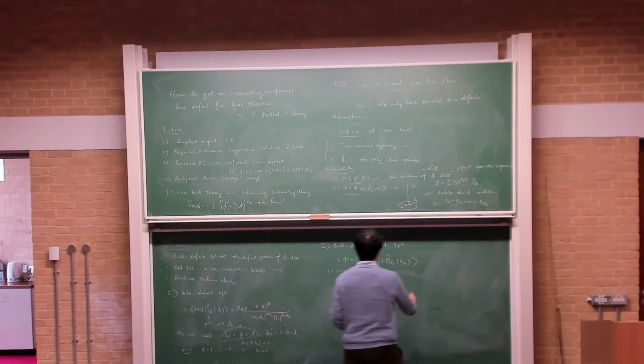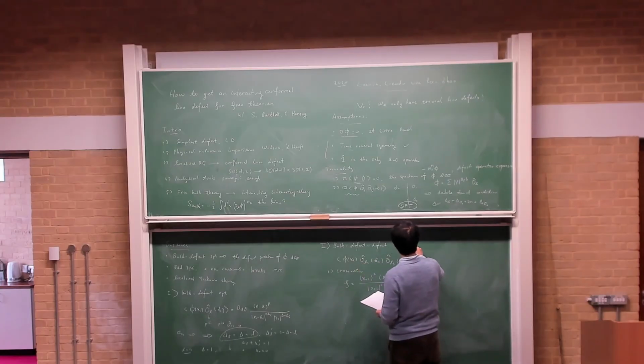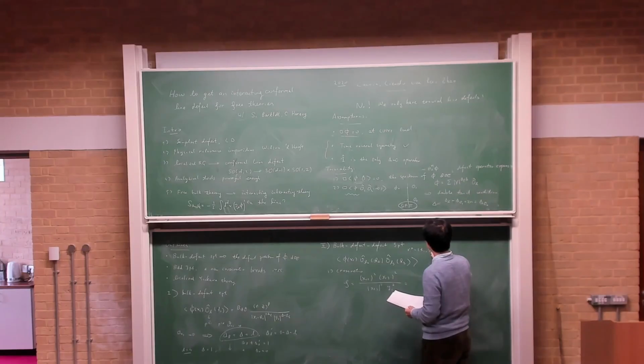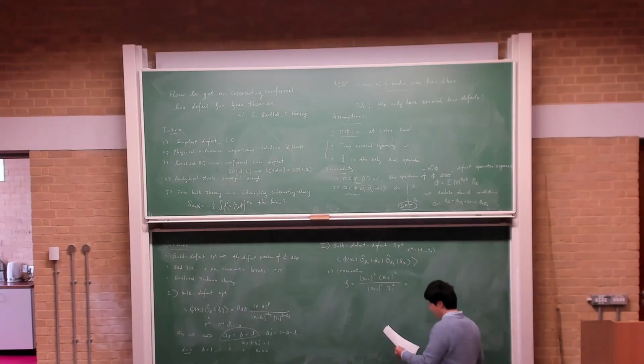More explicitly, if we put x1 to be (t1, y1), where y is the transverse coordinate and t is the coordinate along the line, we are actually considering the Lorentzian signature here.